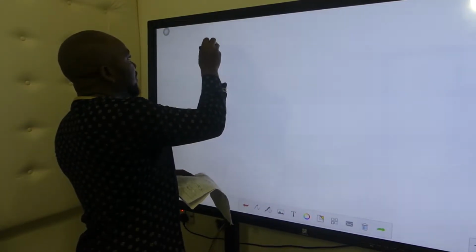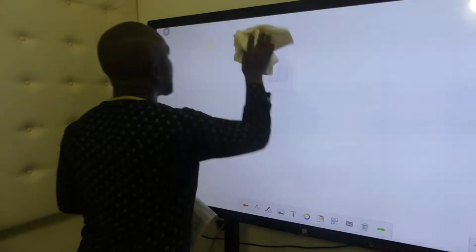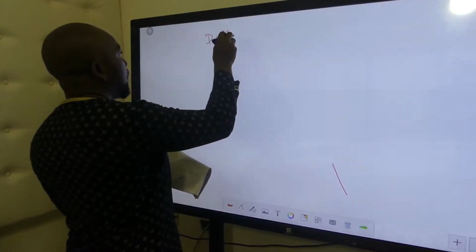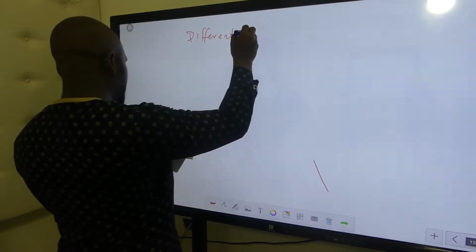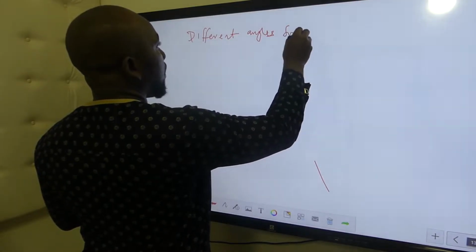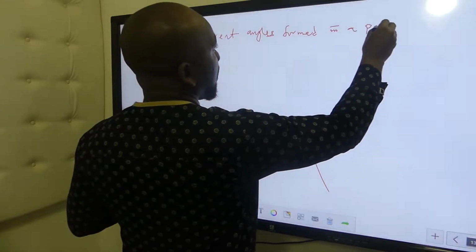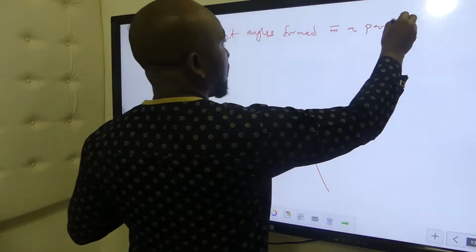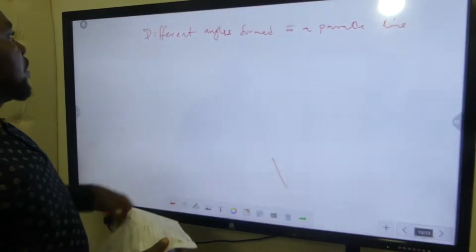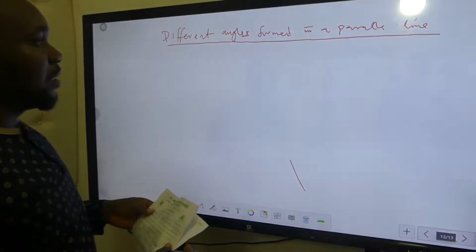Then let us look at different angles formed in parallel lines.